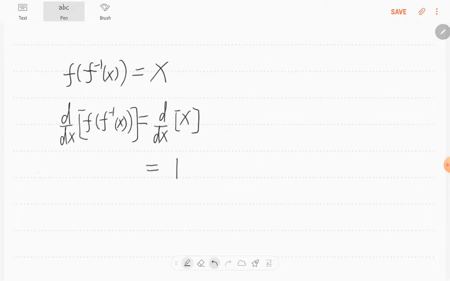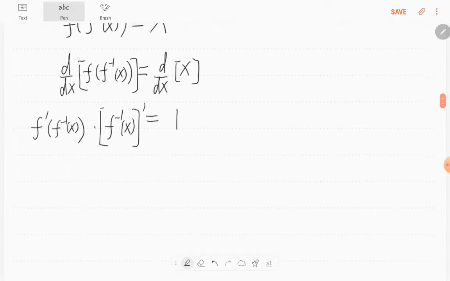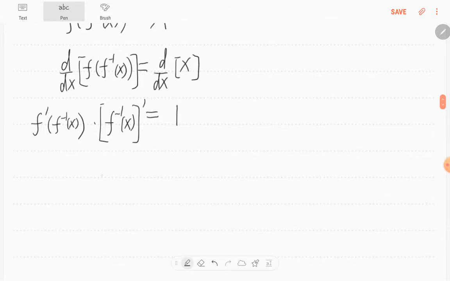The chain rule: the outside function is f, right? So take the derivative of f, then plug in f inverse, multiply by the derivative of the inside function. The inside function is f inverse, right? So we have the derivative of f inverse of x.